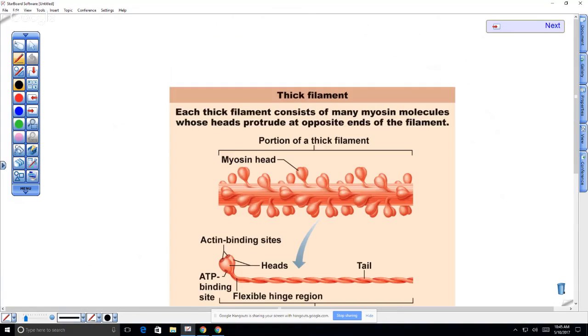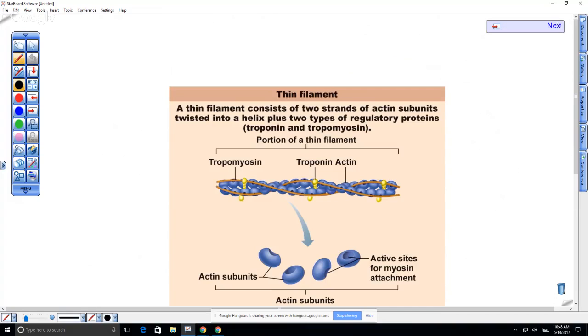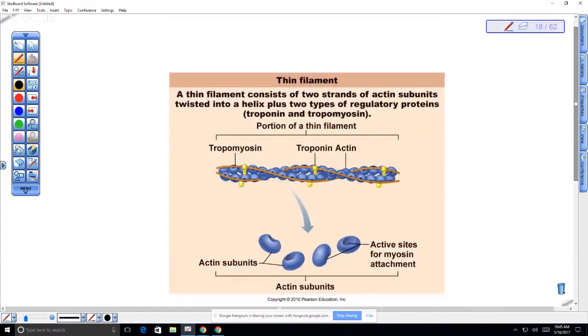And then in the second part, what happens? Skipped ahead here. Okay, so in the second part, we have these regulatory proteins. So notice the tropomyosin is long strands, right? Notice that right here, the tropomyosin is blocking these little holes, and those holes represent myosin binding sites.